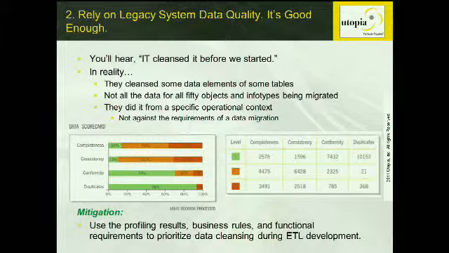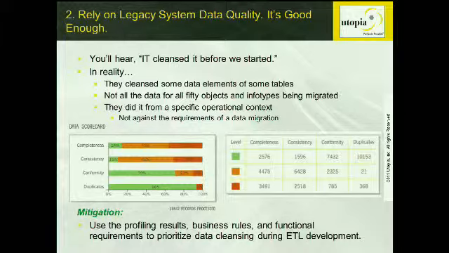Next one is, the legacy system's data quality is good enough, IT has cleansed that data already. Okay, fine. I applaud IT for doing their best on the data, but did they cleanse all of the data necessary? Under what context did they cleanse the data? Under what set of business rules did they cleanse the data?